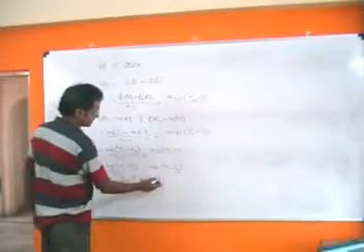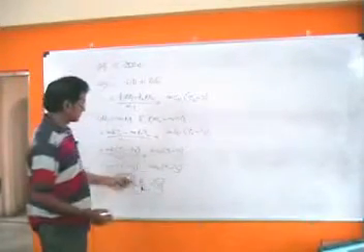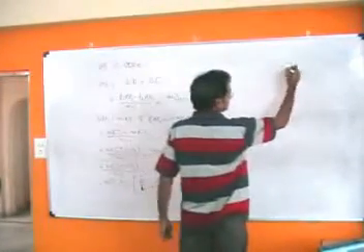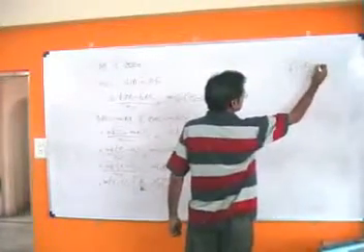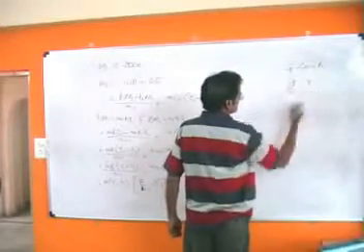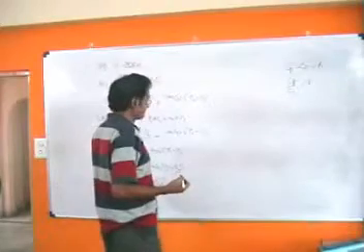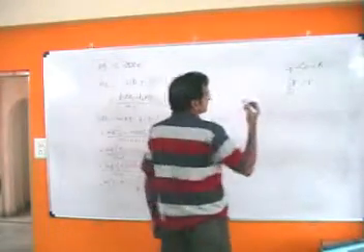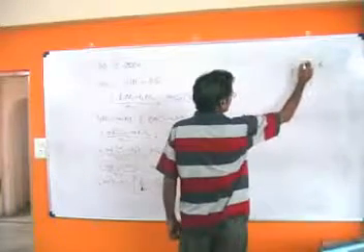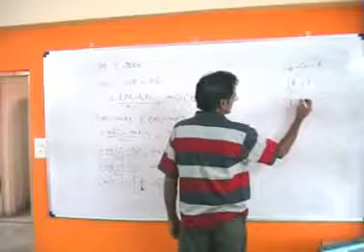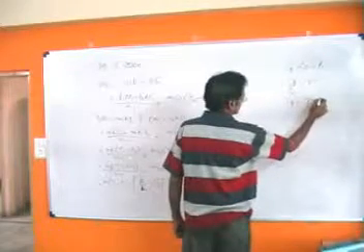So we need to eliminate this Cv and convert it into R, for which we have to do a small derivation. Cp minus Cv equals R, and we also know that Cp by Cv equals gamma. So we need to eliminate Cv. From here we get Cp equals gamma into Cv.